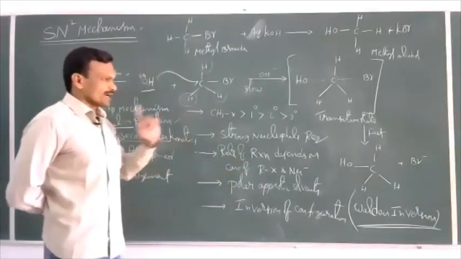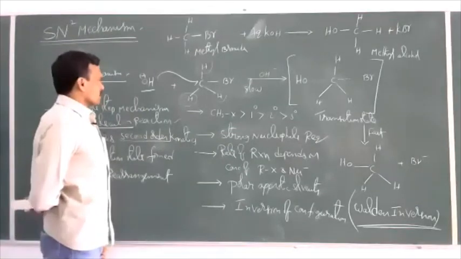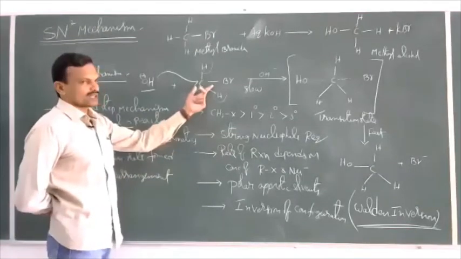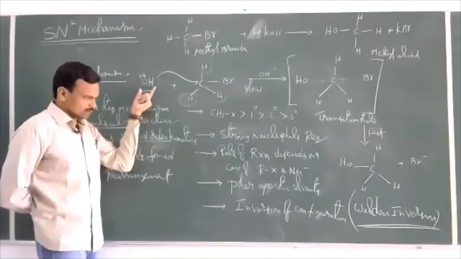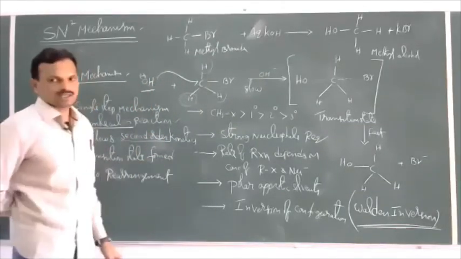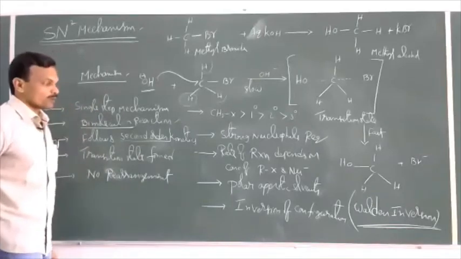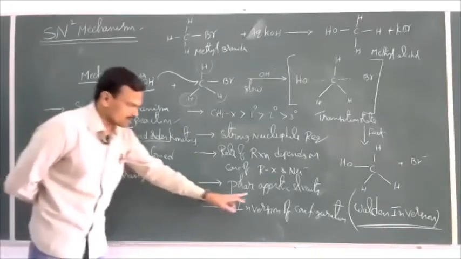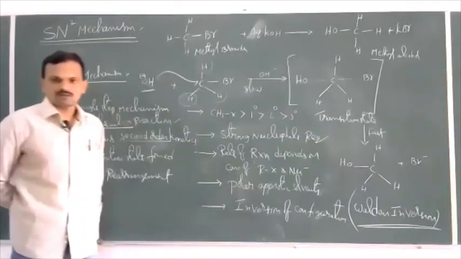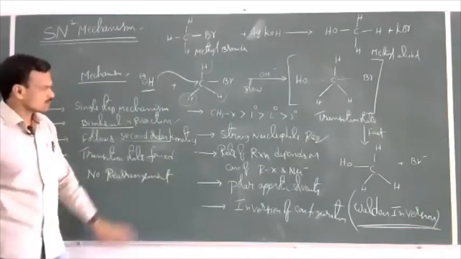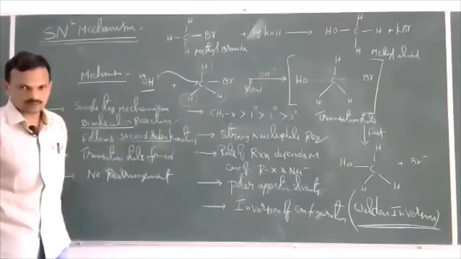Next. The rate of reaction depends on the concentration of both haloalkane as well as the attacking nucleophile. And this reaction is favorable in polar aprotic solvents. And this reaction takes place by inversion of configuration. These are the characteristics of the SN2 mechanism.